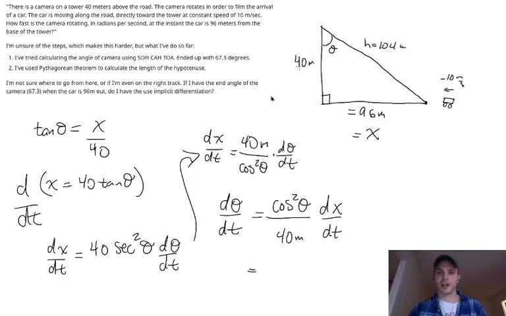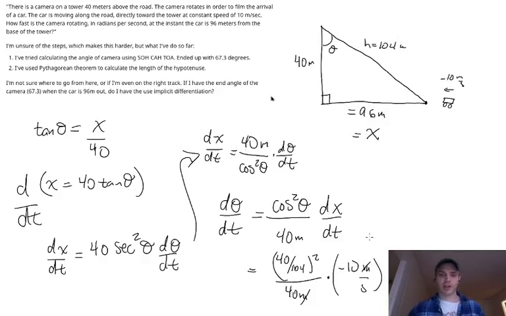So here's theta, adjacent over hypotenuse is going to be 40 over 104, squared, over 40 meters, times negative 10, that's our dx/dt, meters per second. Okay, meters cancel. And then I'm just going to plug this into the calculator because I'm feeling lazy.